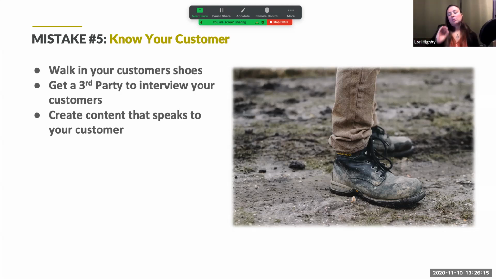Getting these answers direct from your customers through a third party can be extremely huge in helping to really focus on what is that message that we need to be conveying so that we're attracting the right type of clients or customers to our business. And at the end of the day, you want to make sure that the content that you're producing, whether it's on your website, in a printed newsletter, radio ads, online, social media, blogs, webinars, whatever it is, you want to make sure that whatever you're saying aligns with the pains that your very specific customer has.